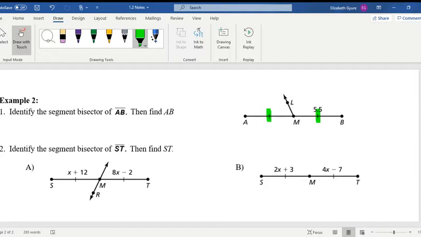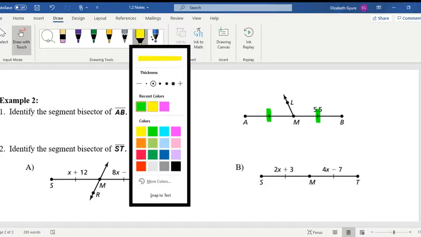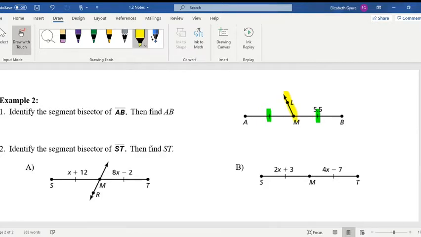So M here is going to be the midpoint. The segment bisector is what goes through it. And what's going through it right now is this little ray ML. So the bisector is going to be ray ML. And make sure you name that properly. Start at the endpoint, head towards the arrow.